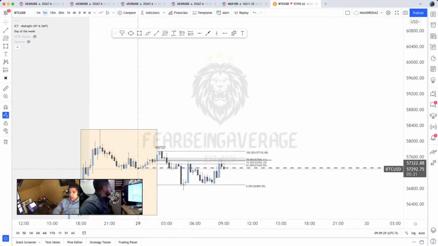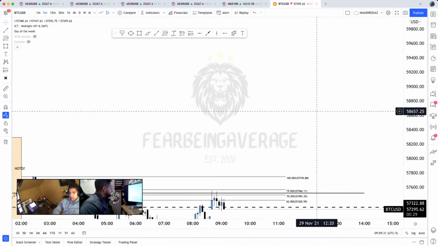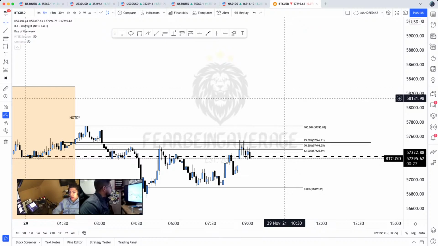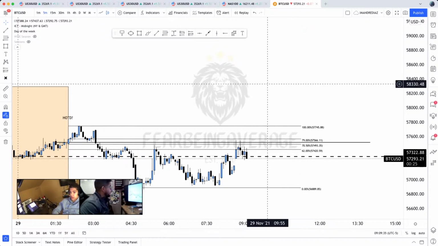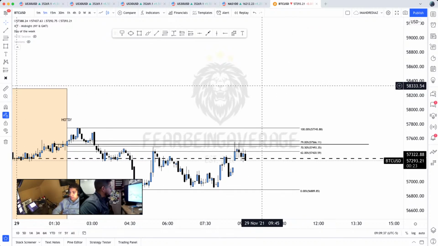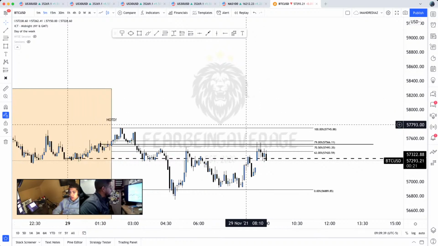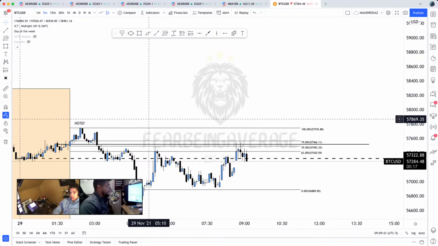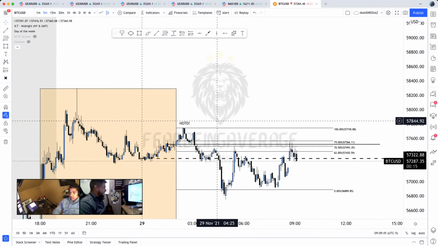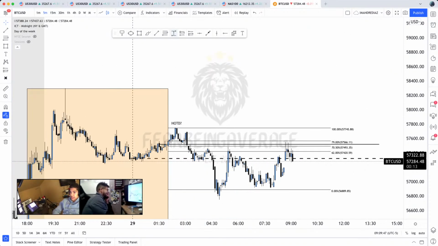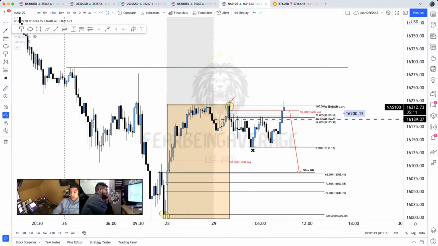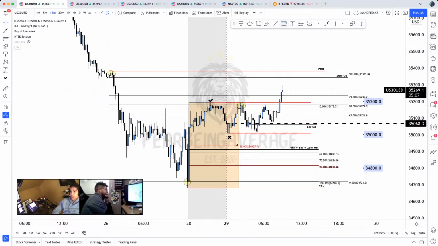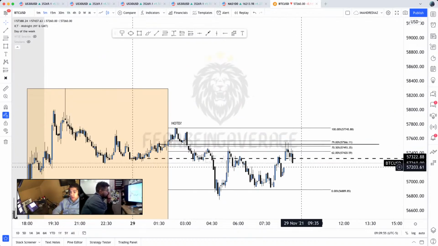Part of me wants to get into something on Bitcoin, not gonna lie, but I think it's gonna fall before I can get a good entry. It's the same setup I'm seeing on NAS, but NAS isn't working out, and US30 ain't working out. But now Bitcoin's doing what I want to see.